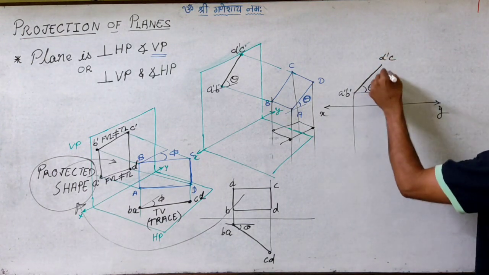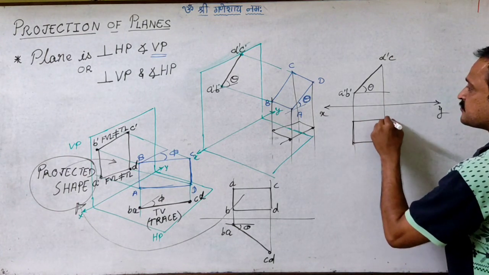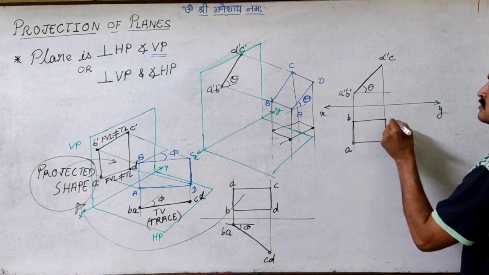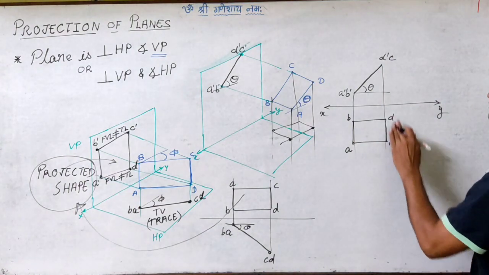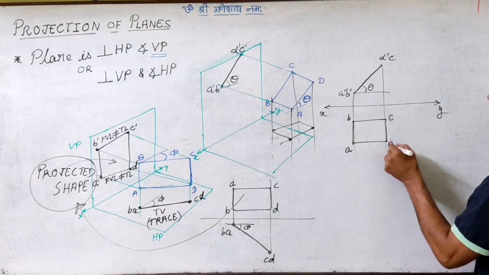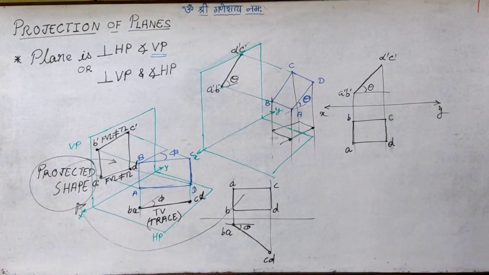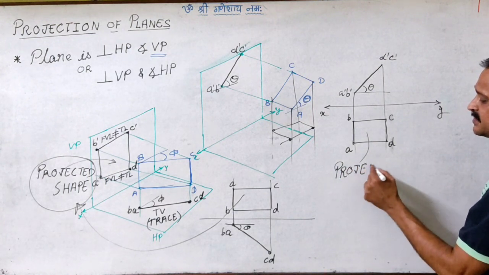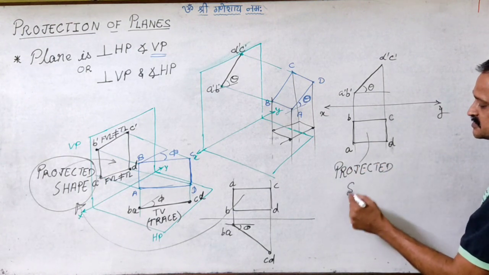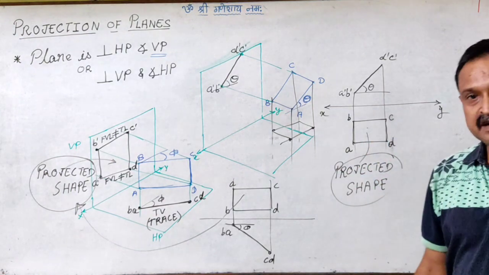So when we drop the projectors for A, B and C, D, we get this as the projected shape, right? So this is not the true shape.